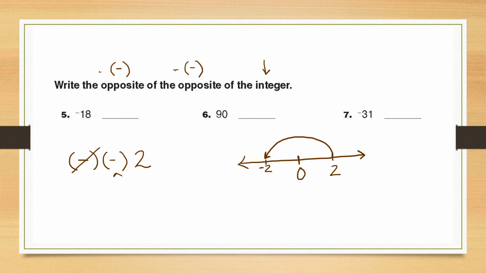Then I need to do the opposite of -2, which takes me back to 2. So the answer of the opposite is my original integer. So we can conclude that when you have 2 opposites, they cancel each other out. Knowing that, we can answer the questions above.